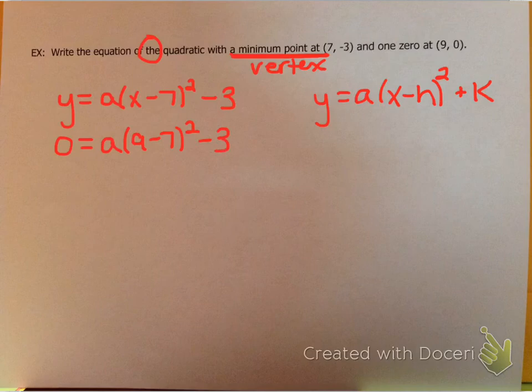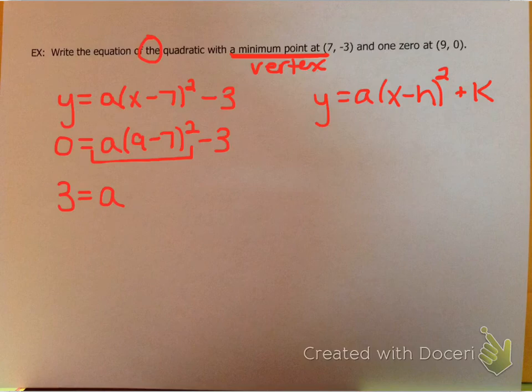Now I'm going to do two steps at once, and hopefully I don't lose anybody. These two things are attached to each other, and there are quite a few people who like to attach this minus 3 here as well, so I'm just going to go ahead and move it to the other side. I'm going to add it to move it over so that it doesn't accidentally combine with the a times that number.